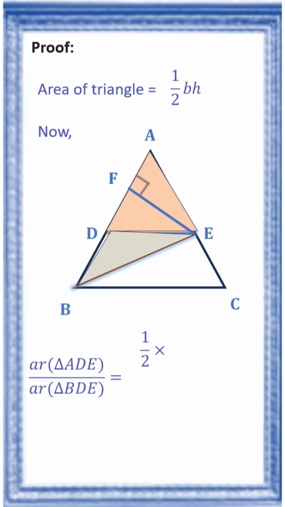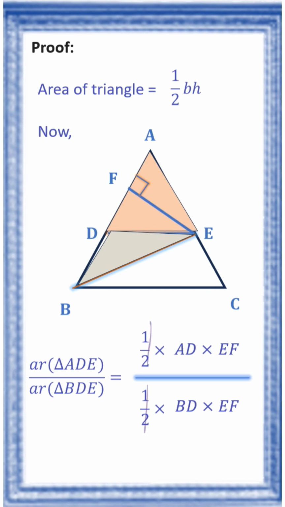Half into base is AD, height is EF, upon area of triangle BDE. Here half into base is BD. Look at the figure, you will understand. Height is EF. Here half and half get cancelled. EF and EF. So area of triangle ADE upon area of triangle BDE is equal to AD upon BD. Let this be equation number 1.